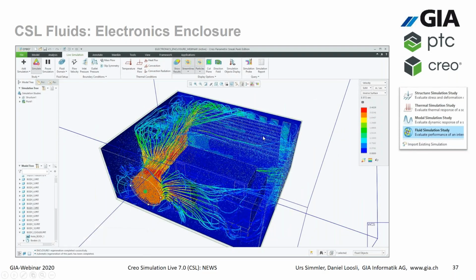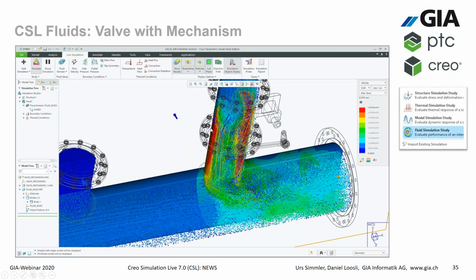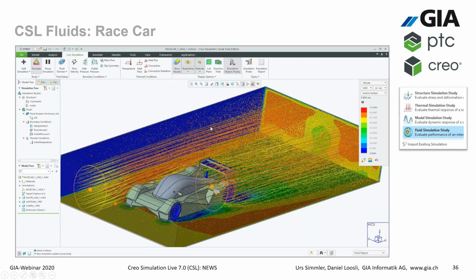Going back here for my PowerPoint. So we analyzed first motor block with structural, modal, and thermal analysis. Then we had a look at the valve with the mechanism. Then we were analyzing the wind channel behavior of our race car.